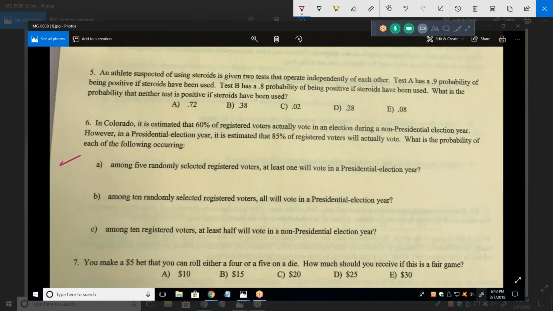Would you do 1 minus, in parentheses, 0.15 to the fifth? This is where you use that formula. Let me write the formula again. Among 5 randomly selected voters, so what's n and r going to be?